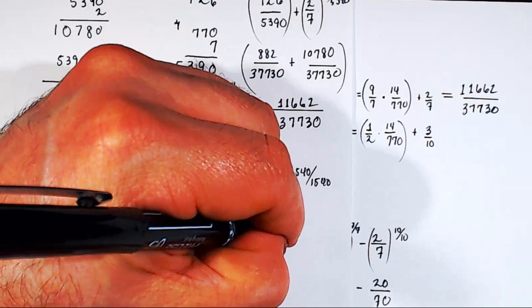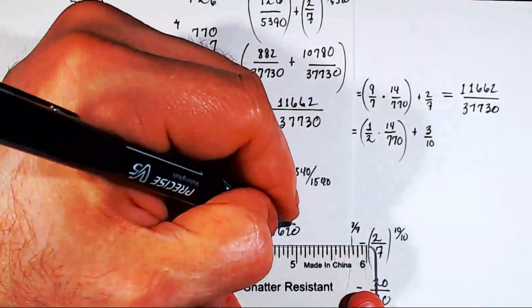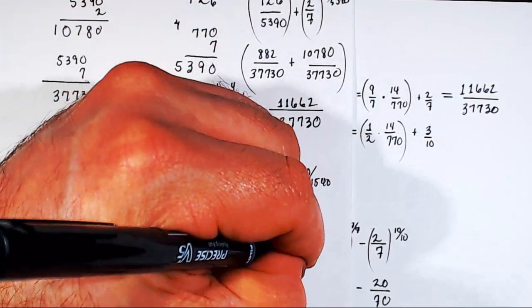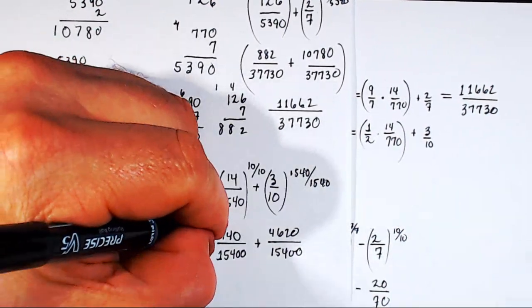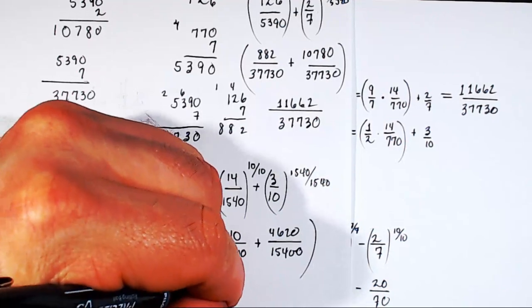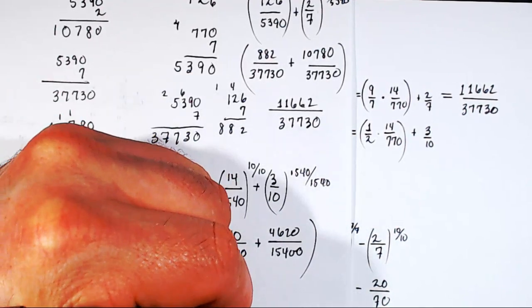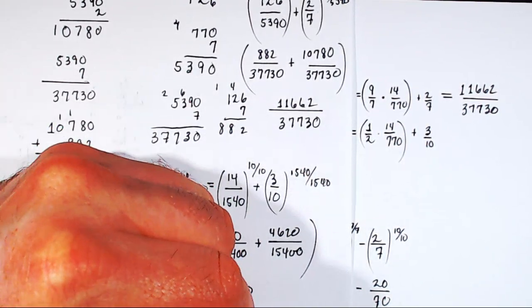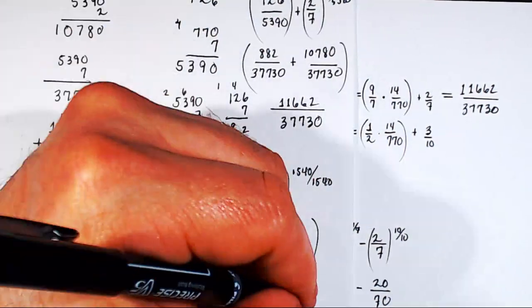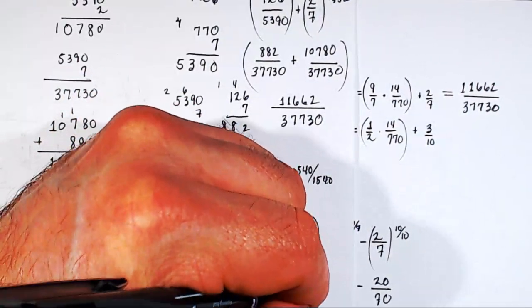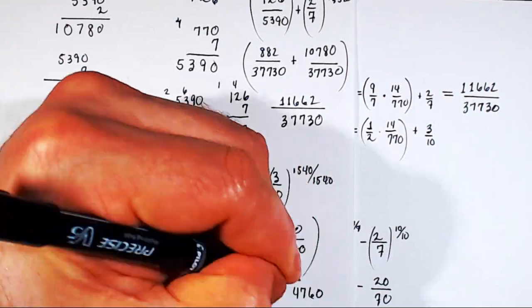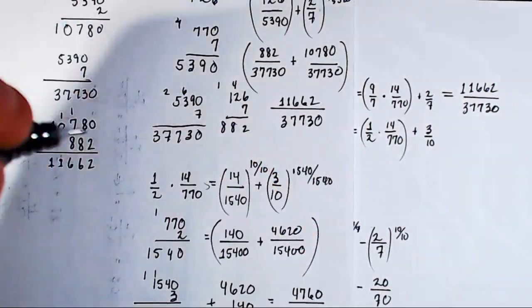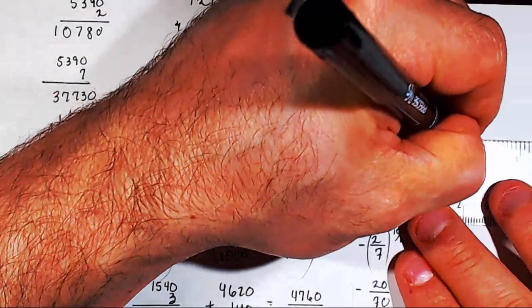So I have 4620 over 15,400. Okay, so now to add these two things together, I have to add 4620 to 140. So now my answer is 4,760 divided by 15,400. So that's what I found here.